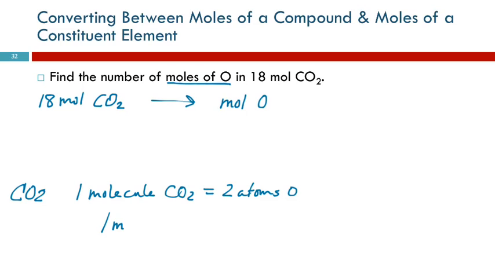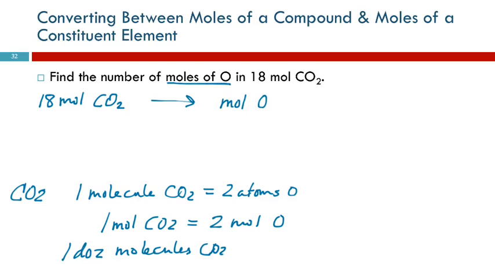It's also true then that 1 mole of CO2 is equal to 2 moles of oxygen. Just like we could say 1 dozen molecules of CO2 contains 2 dozen atoms of O. Everybody okay with that?